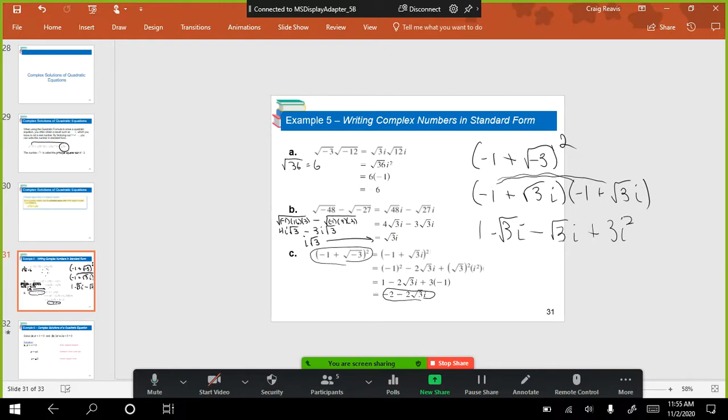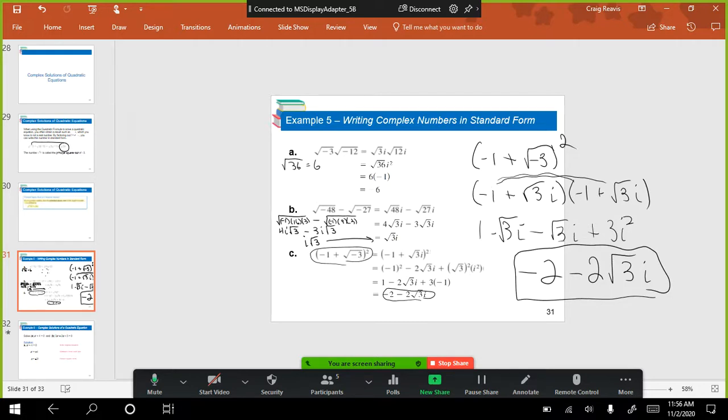Then this 3i squared turns into negative 3, so 1 minus 3 is negative 2. And then here, this is a negative square root of 3i minus square root of 3i. Well, negative 1 minus 1 is minus 2, and then the square root of 3i stays the same. So that's what's actually going on there.